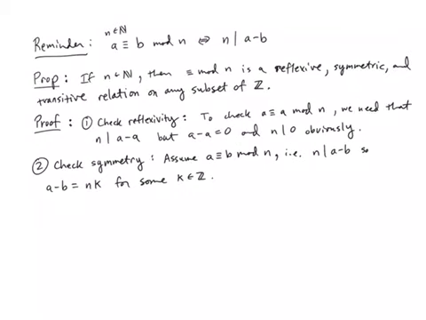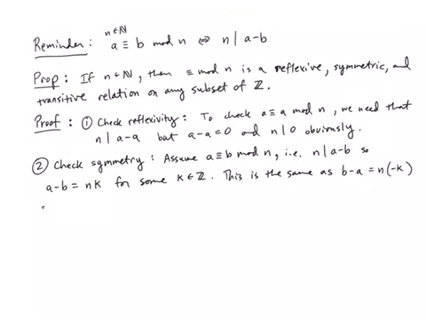And we're trying to say that B is equivalent to A mod n, which just means that B minus A is divisible by n. So we'll just take this equation here and write it in terms of B minus A. This is the same as B minus A equals n times negative k.